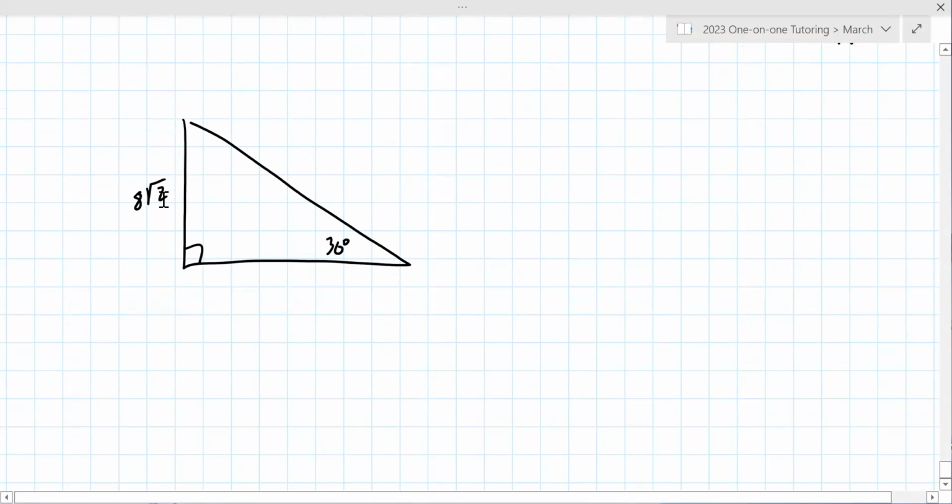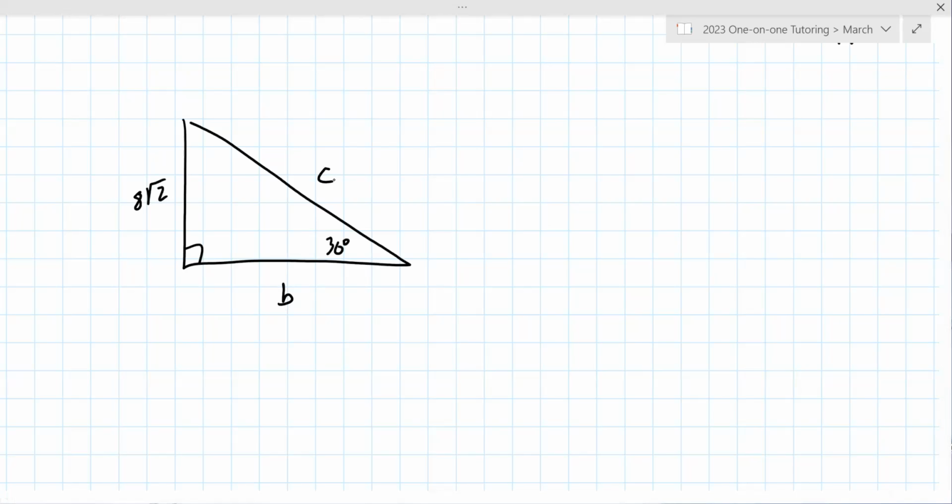All right, last problem here. This is 30 degrees. Let's say this is 8 square root 2. Can you tell me what B and C are in this problem? Would C be 16 radical 2?